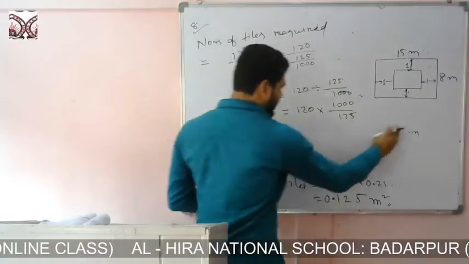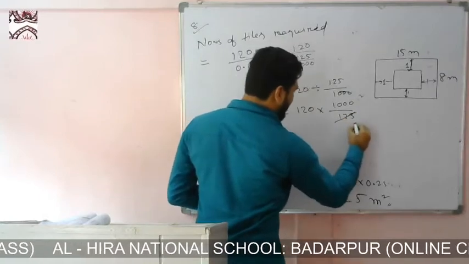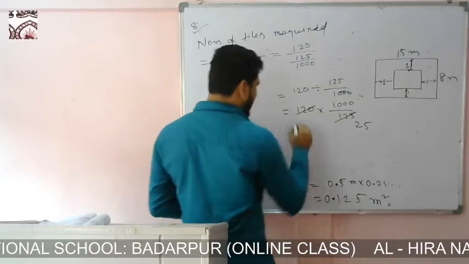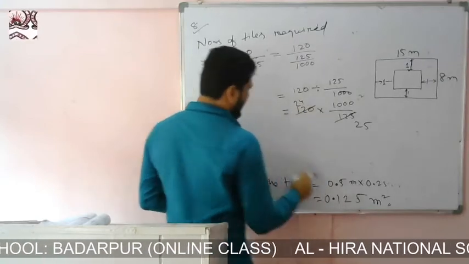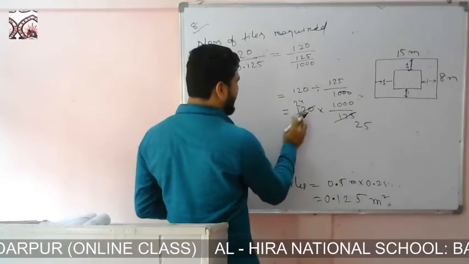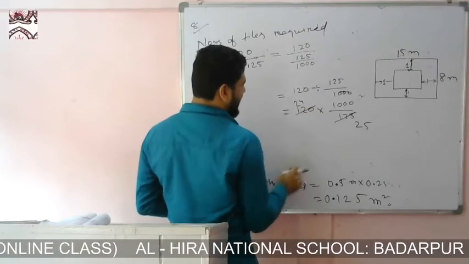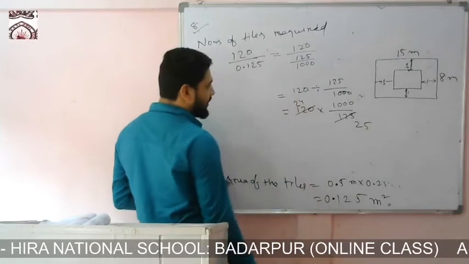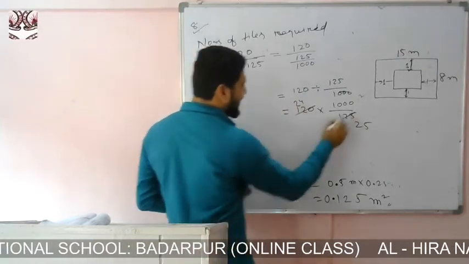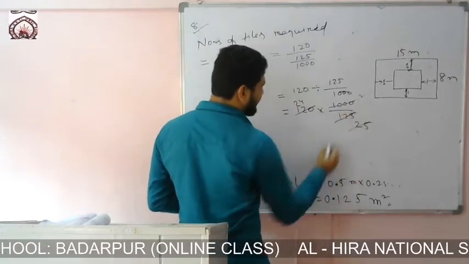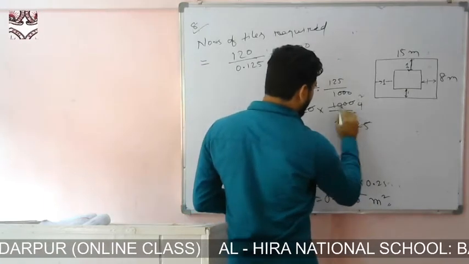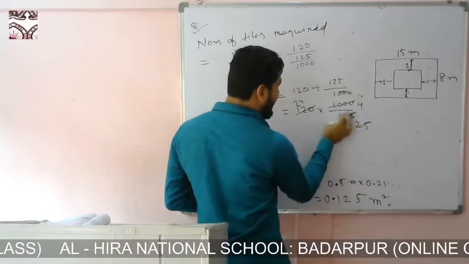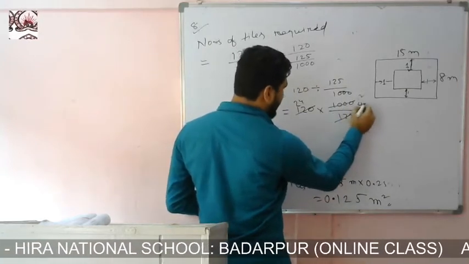Now 5 25s are 125, and 24 5s are 120. Now we can cancel this one. 4 25s are 100, 10 remains, so we put 10.